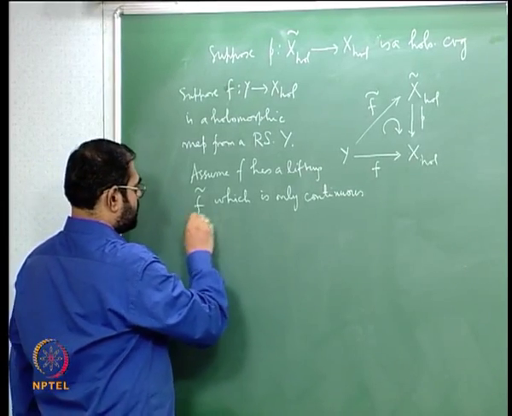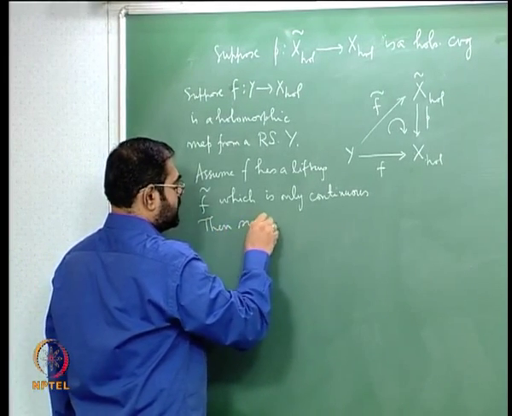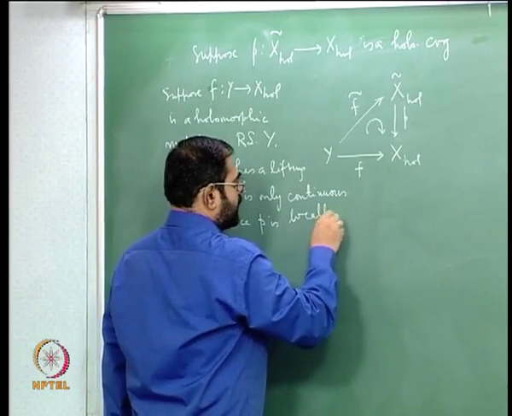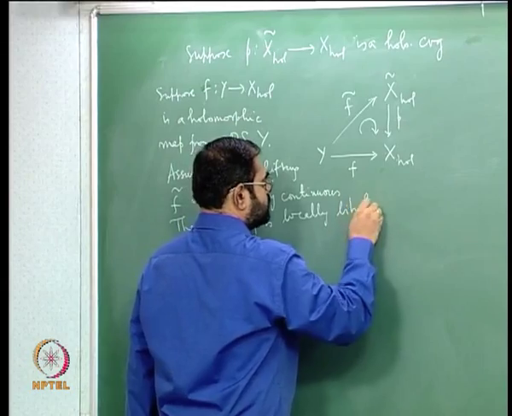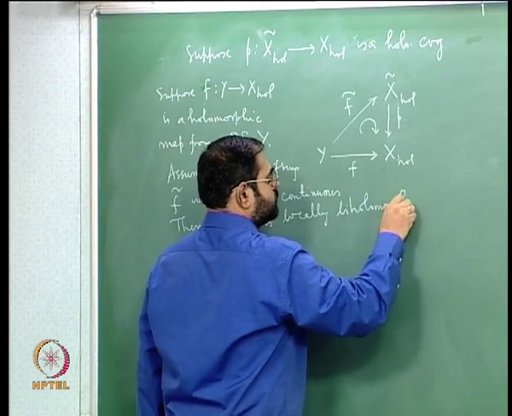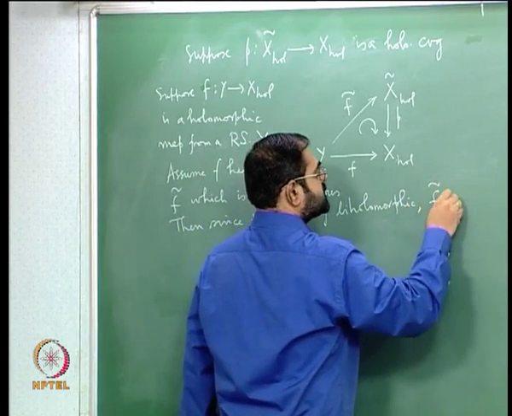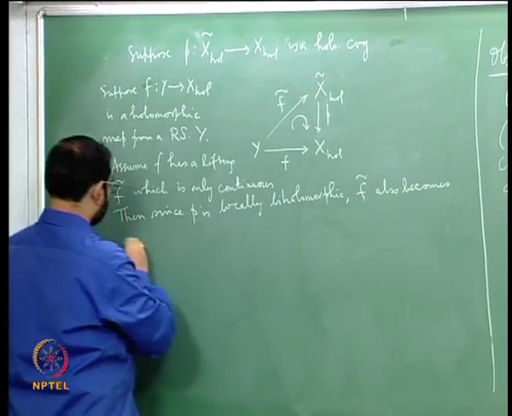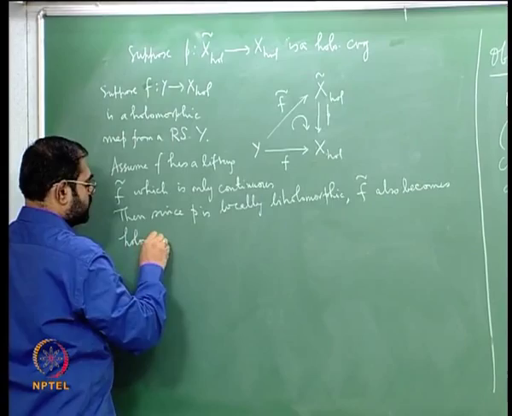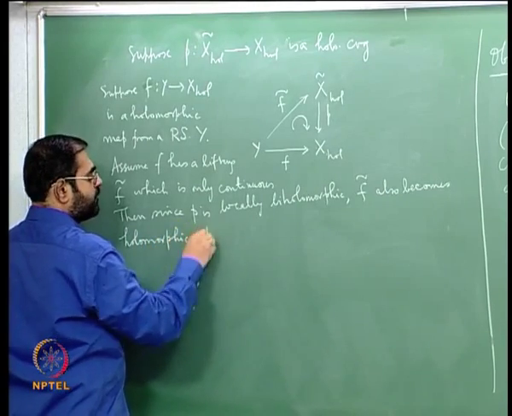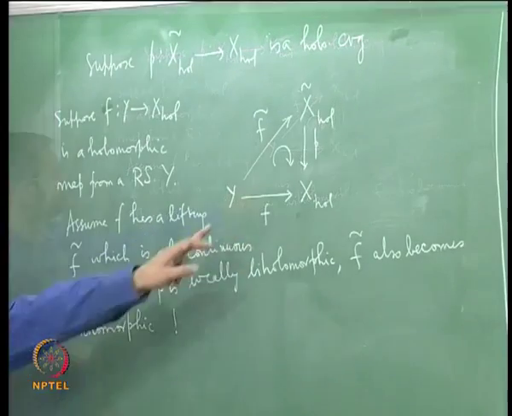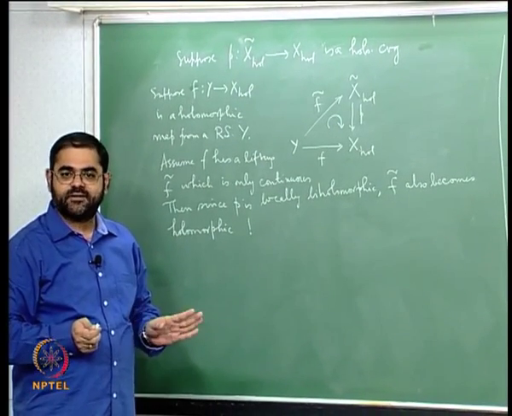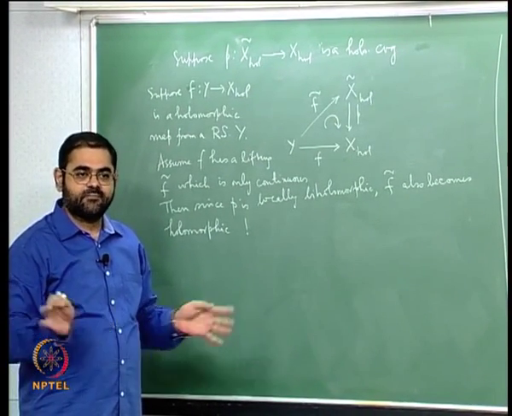So since P is locally biholomorphic, F tilde also becomes holomorphic. If you want to lift a holomorphic map, it is enough to lift it only to a continuous map, and the lift will automatically become holomorphic.